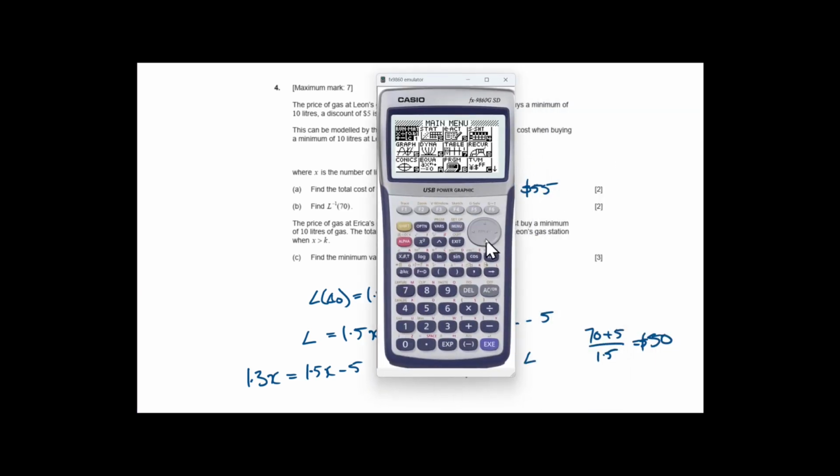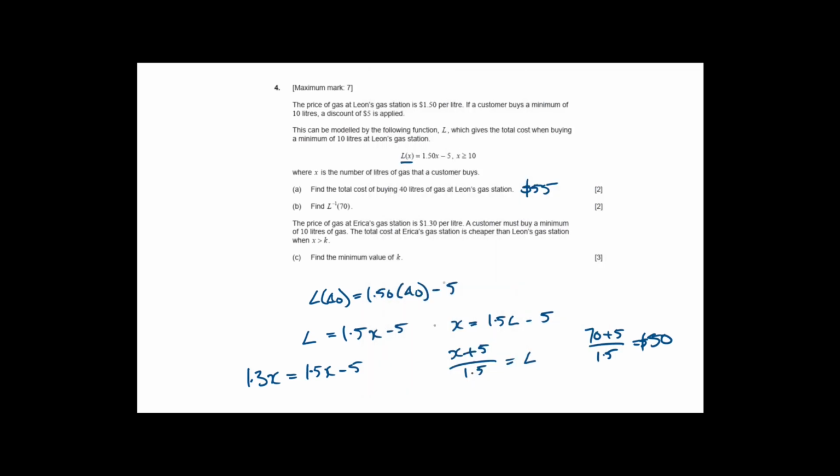So I'm going to be really, really lazy, but also to show you that X equals 0.5x minus 5. Put it in, the answer is 25. So X is 25, our breakthrough point.